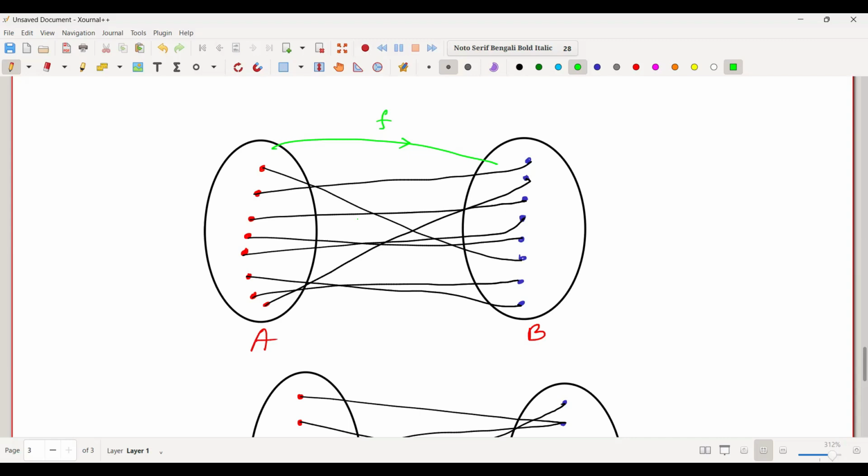Next, for the set B, no element is free. That means every element of set B has a pre-image.